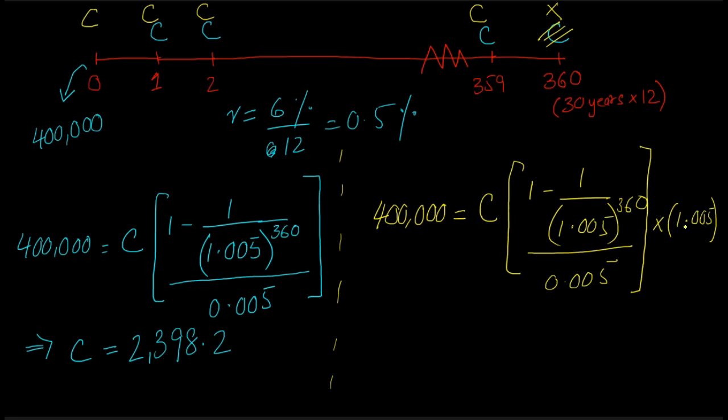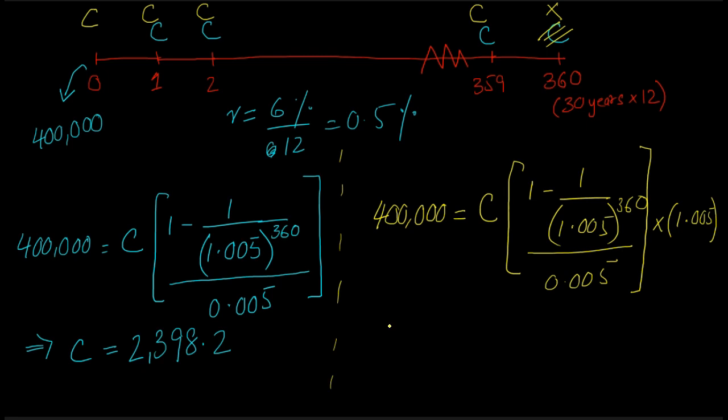Notice that when this term wasn't there, C was solved as 400,000 divided by all of this, right? Which gave us 2398. Now you just need to take this term, 2398, and divide it additionally by 1.005.